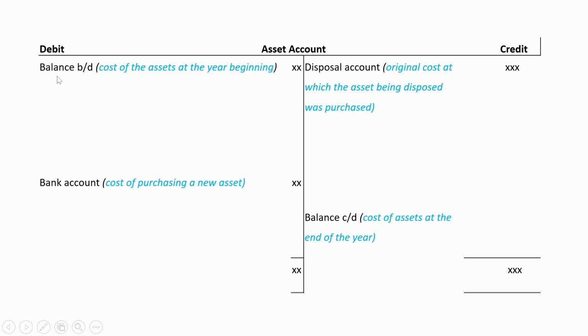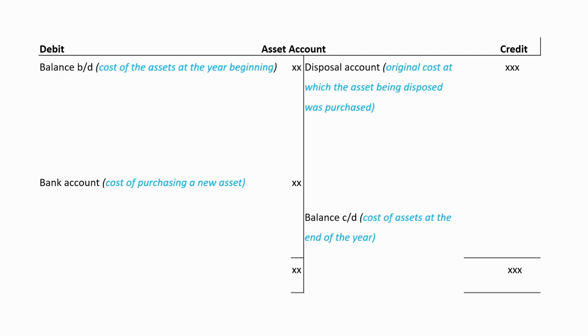Assuming a business is starting a new year, you are supposed to bring the assets they had in the previous year and debit. You call it balance brought down. Cost of the assets at the year beginning, which is what the business had at the end of the previous year. And then during the year, the business may purchase an additional asset.